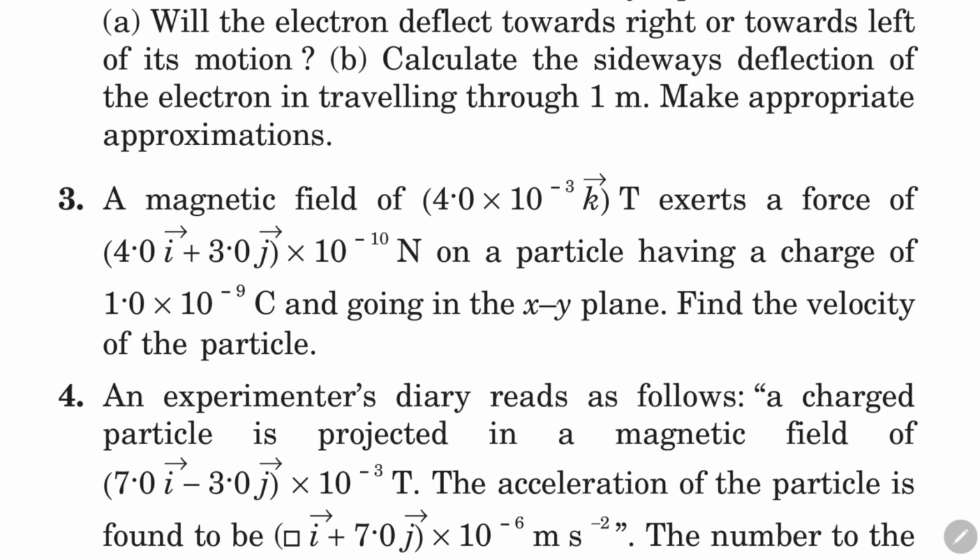In question 3, we have a magnetic field which exerts a force of this magnitude on a particle having charge 1 into 10 to the power minus 9 coulomb, which is going in the xy plane. We need to find the velocity of the particle. So this is the third one.